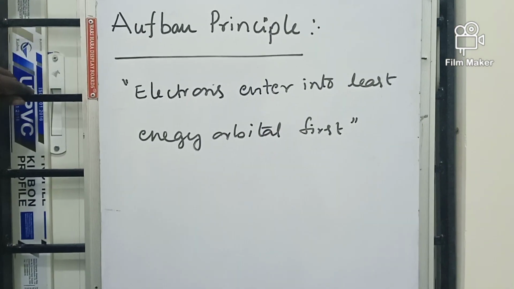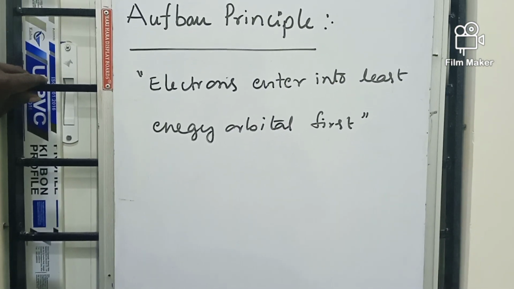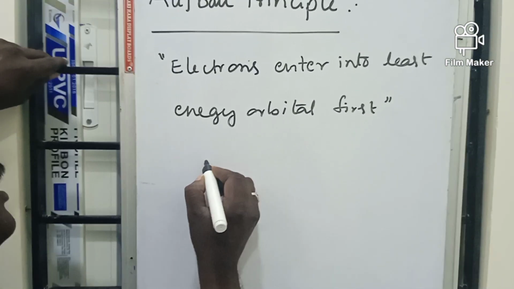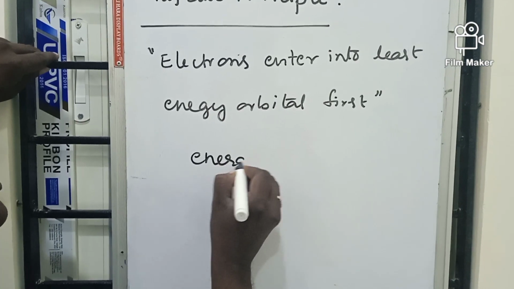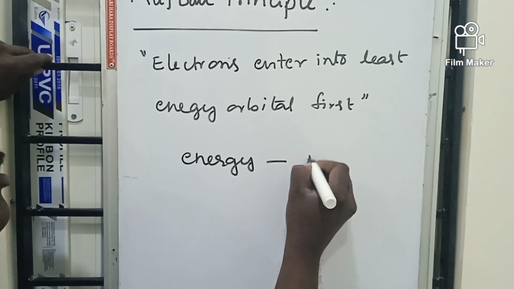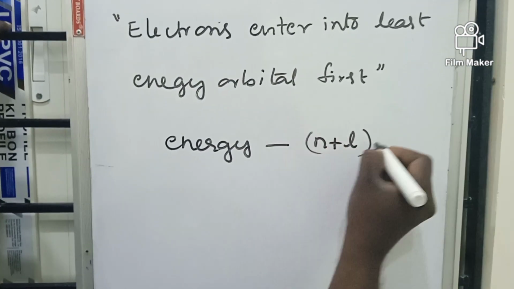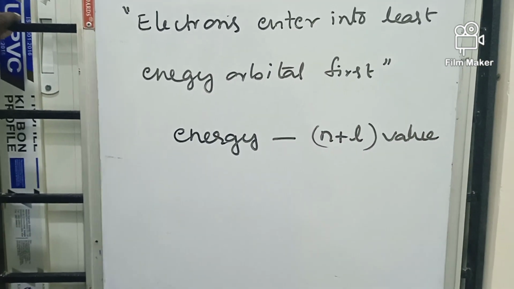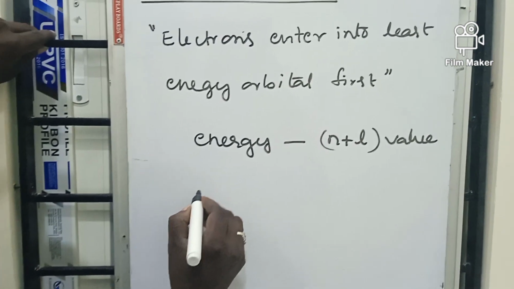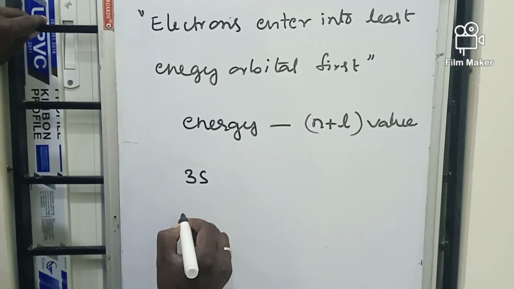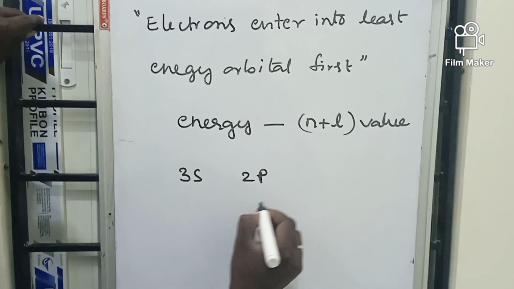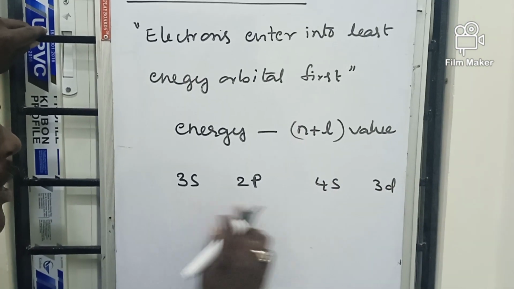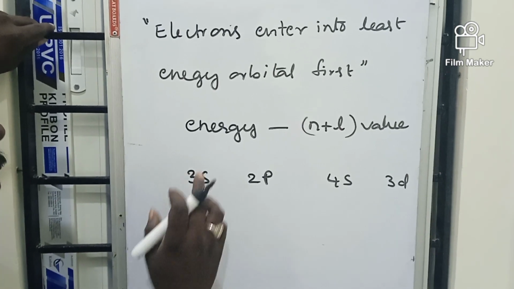So how can the energy of the orbital be known? By checking their n plus l value. The energy of the orbital can be found by the n plus l value of the particular orbital. For example, 3s is there and 2p is there, 4s is there, 3d is there. In these four orbitals, let's find the n plus l value.